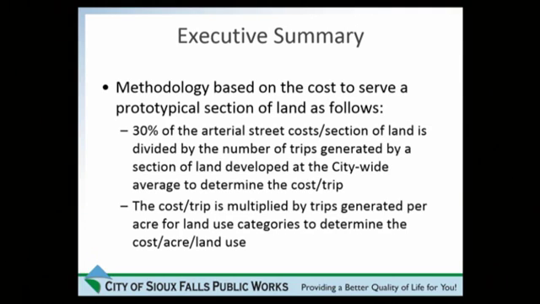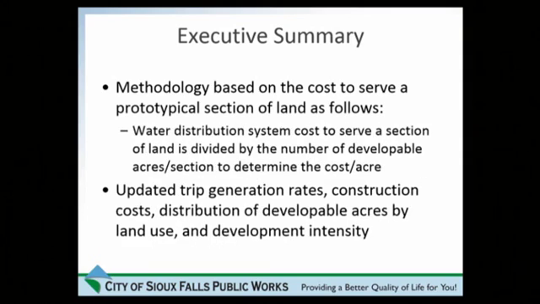When we talk about arterial streets, the one thing that we're going to calculate is the cost per acre per land use for the arterial street. The more trips generated by a land use results in a higher arterial street platting fee. We'll go through all this in more detail as we get going.